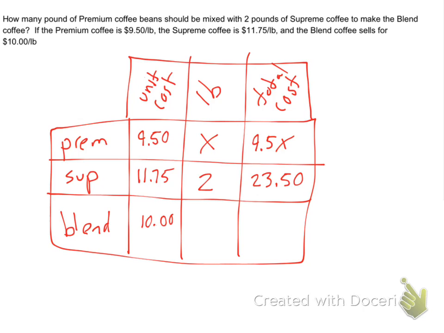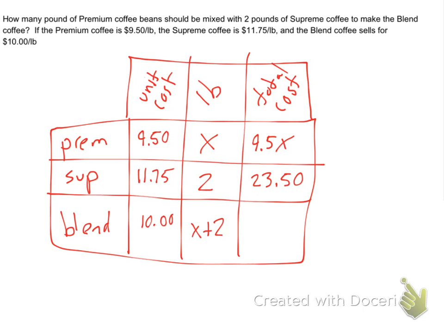How many total pounds are going to be in this coffee blend? It's going to be 2 plus X or X plus 2. If I have X pounds of premium plus 2 pounds of supreme, it's going to have to be X plus 2.